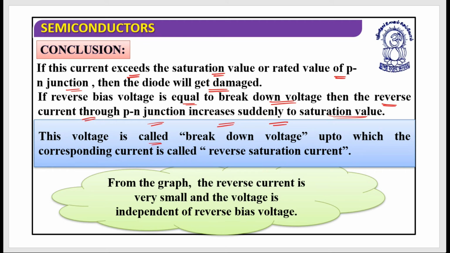This voltage, as we discussed, is known as the breakdown voltage, and the corresponding current is called the reverse saturation current. From the graph, we have seen that the reverse current is very small and independent of the reverse bias voltage.